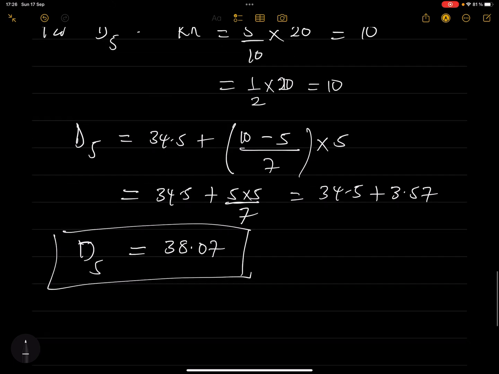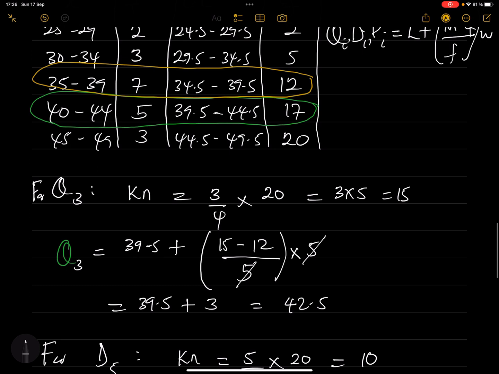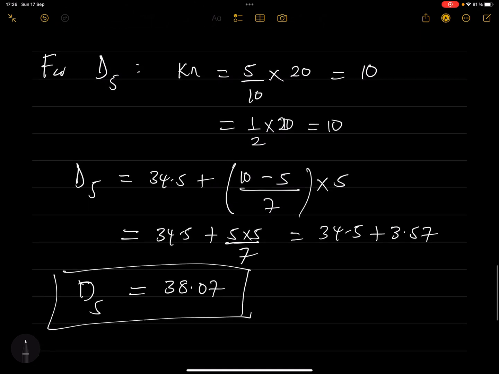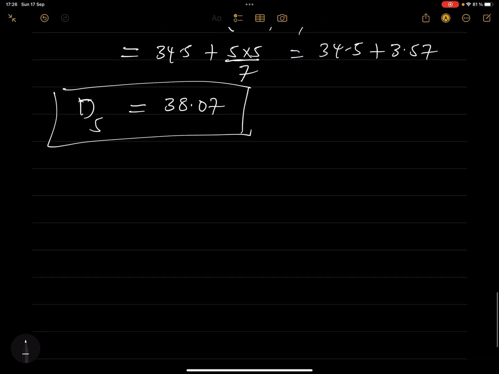Okay, now we have got this. Again, we need to calculate the 75th percentile. For P75, what is Kn? Remember, for percentile, Kn is i over 100 times n. In this case, our i is 75, so it is 75 divided by 100 multiplied by N, which is 20.